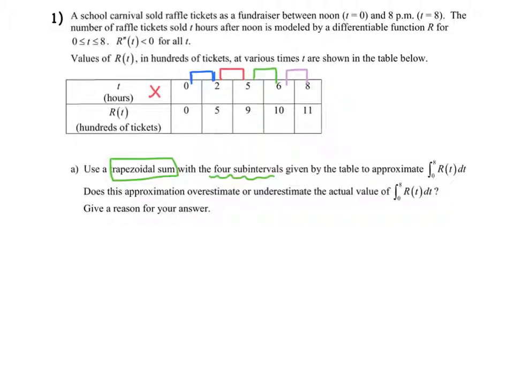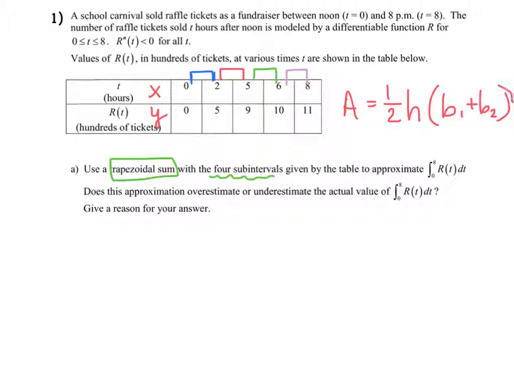If the hours represent x, then the number of tickets represents y. So we're looking to find the area of these 4 trapezoids that would be created if I were to sketch these points and connect them. And we know, of course, that the area of a trapezoid formula is 1/2 the height, which is defined as the distance between your 2 parallel bases, times base 1 plus base 2.